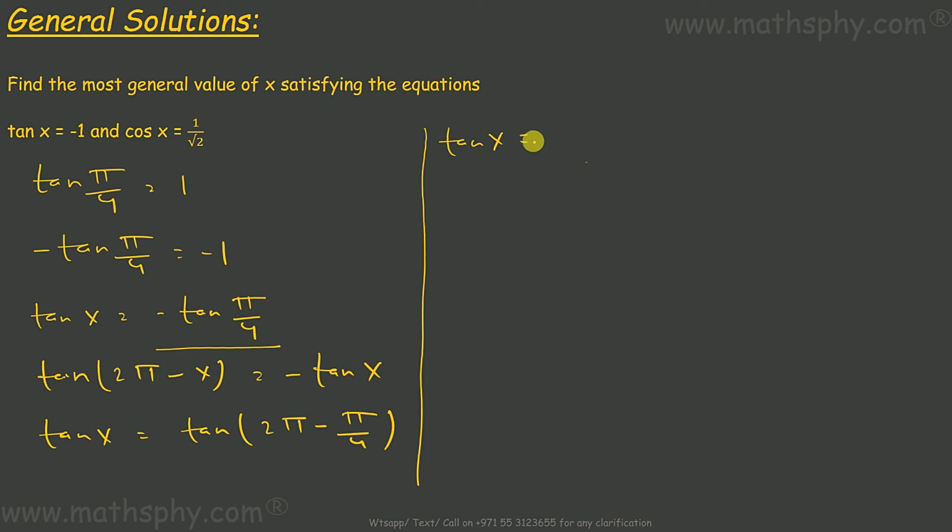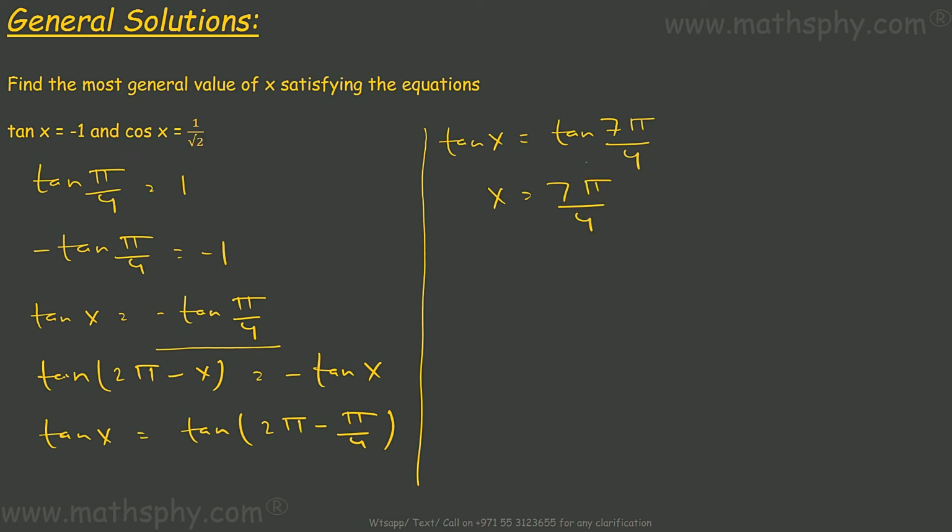If I solve this, it comes to 7 pi over 4. So here x equals 7 pi over 4.